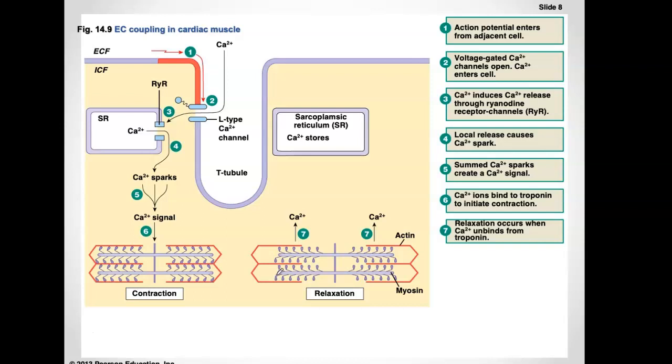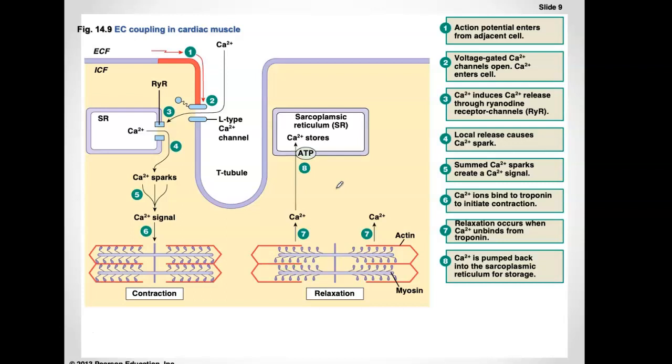Now it's going to relax, and myosin is going to disengage from actin. You see it here, that it's no longer attached. And it's going to release that calcium. So step 7 is relaxation occurs when the calcium unbinds from the troponin. And it unbinds, and it's now floating around in the cytoplasm of the cell.